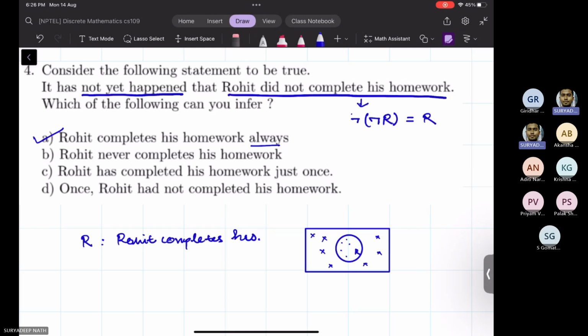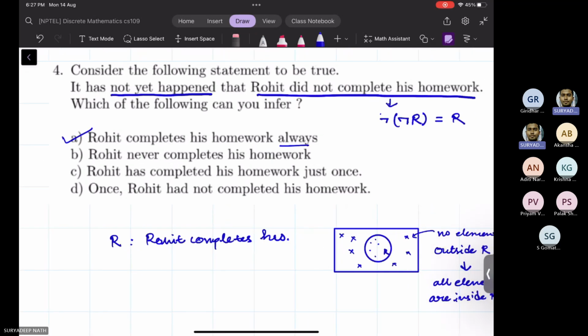So there are no elements outside R, which implies that all elements are inside R. So therefore, it means that at all observed instances, Rohit has completed his homework.